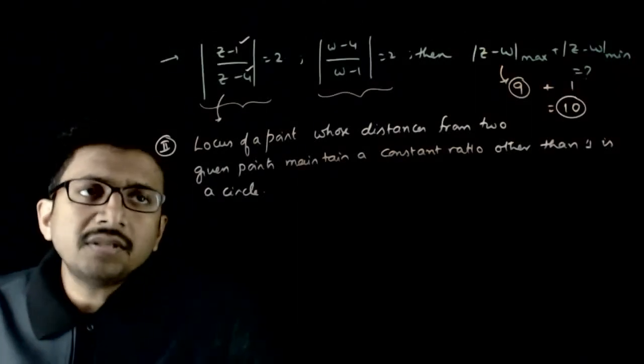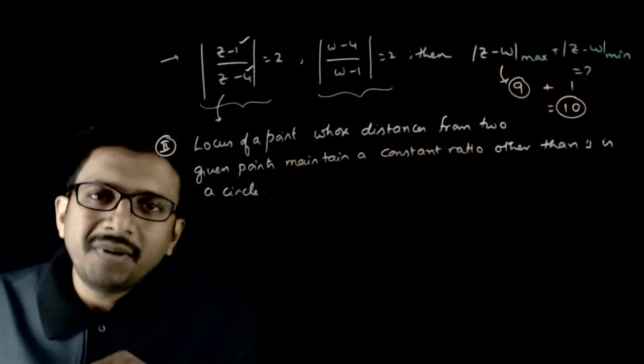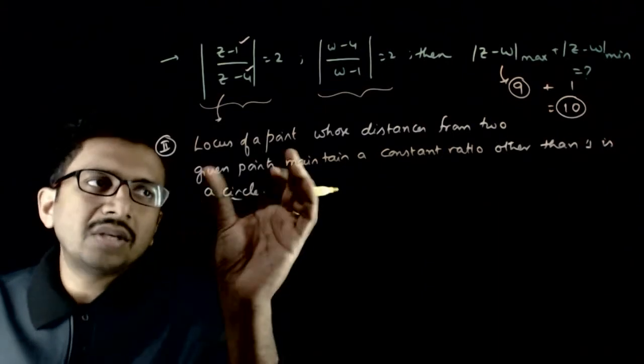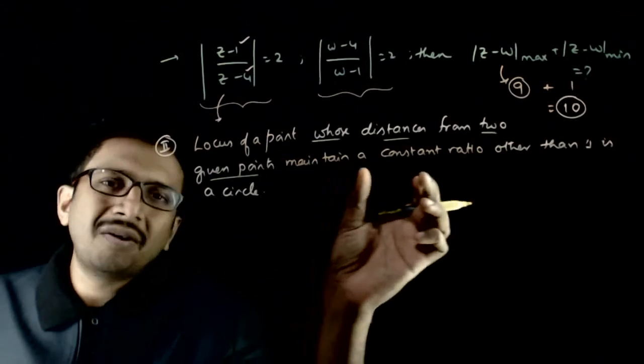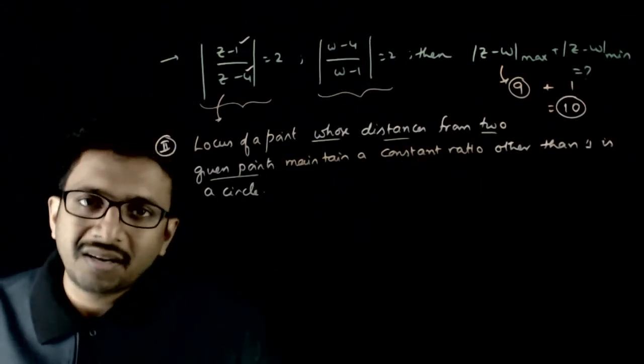In the second process, you have a very standard statement with respect to locus, which says that the locus of a point whose distances from two given points maintain a constant ratio other than 1 is a circle.